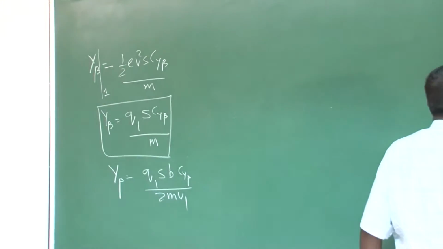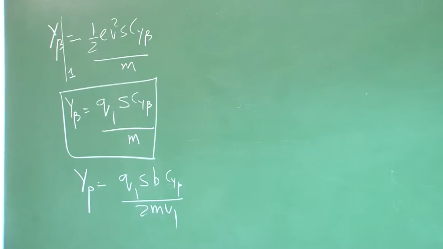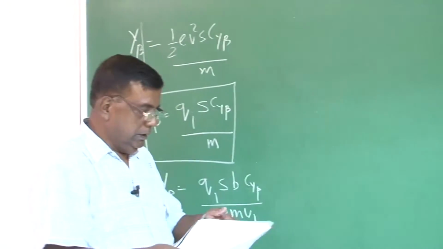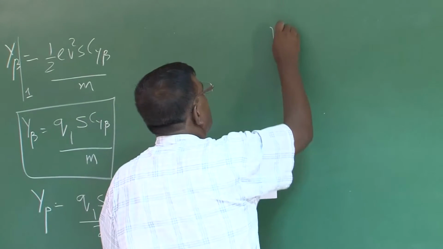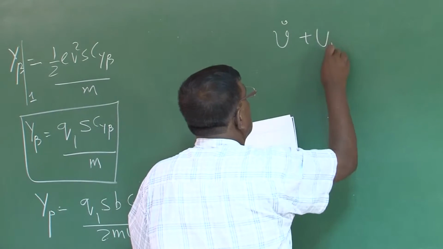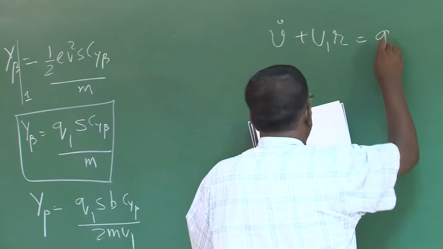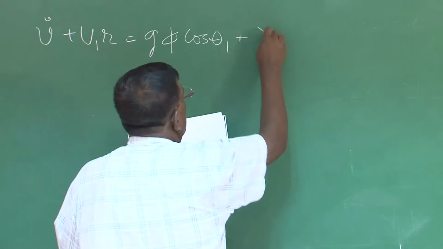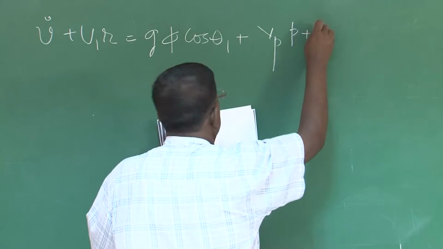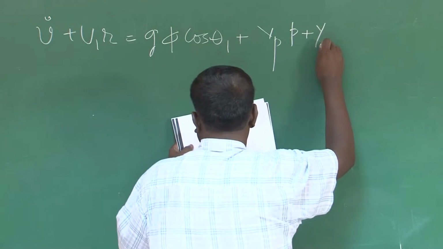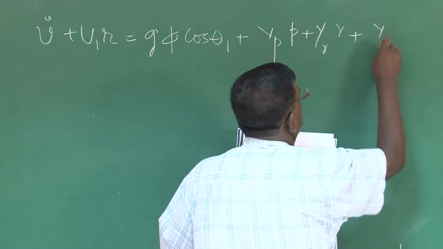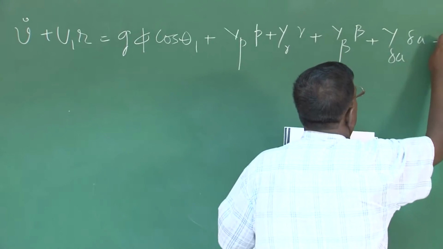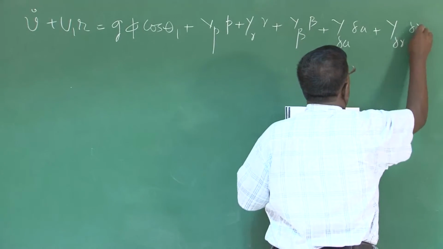And if you do the similar exercise for lateral and directional case, then you will get equations of this form. Let me write this complete. V dot plus u1 r is equal to g phi cos theta 1 plus Yp into p plus Yr into r plus Y beta into beta plus Y delta a into delta a plus Y delta r into delta r.